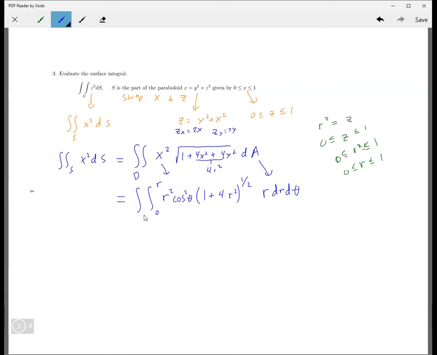And then the limits on theta, 0 to 2 pi, because it didn't say anything about restricting to the first octant or anything like that. So 0 to 2 pi would be good to go.